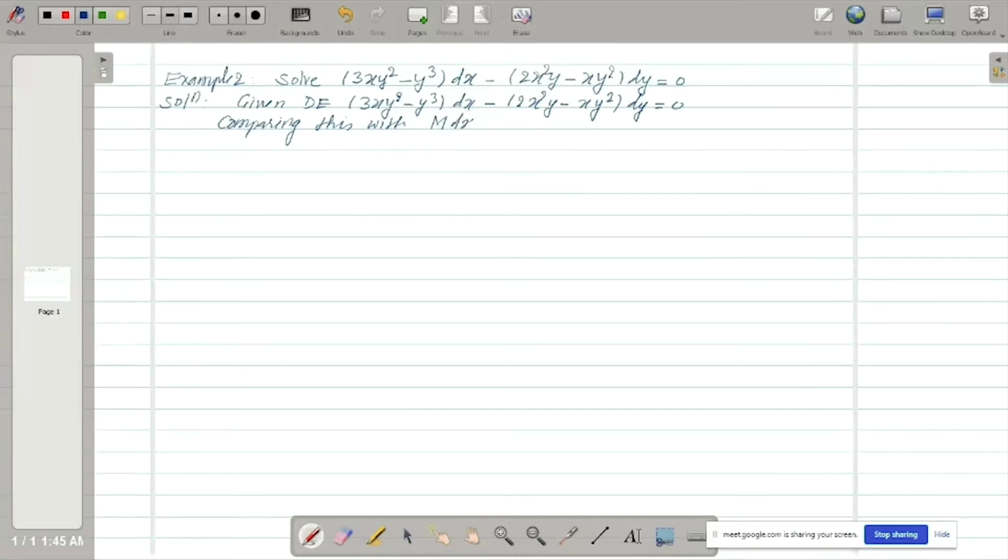What is the standard form? M dx plus N dy equals 0.